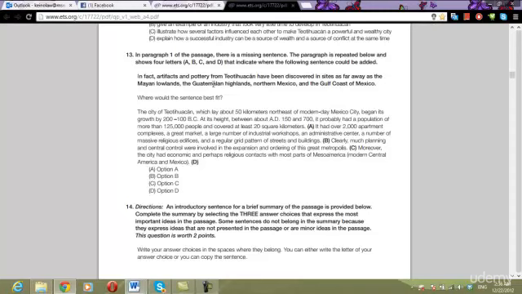This sentence talks about artifacts and pottery being discovered in these other sites, Maya, Guatemala, north of Mexico, Gulf of Mexico. That's the contacts with most parts of Mesoamerica. So I know that option D is the correct answer choice.